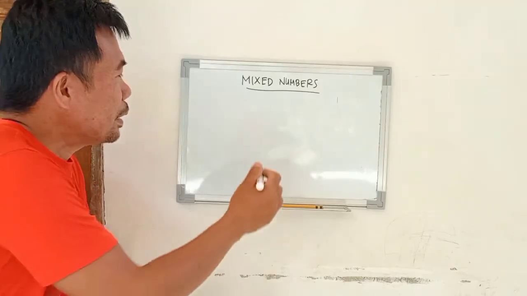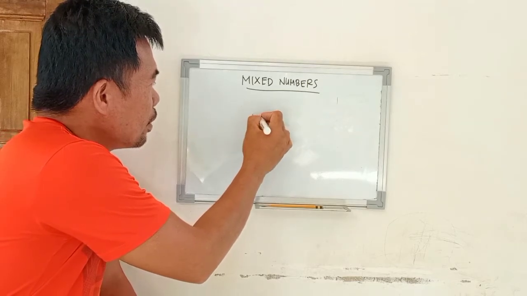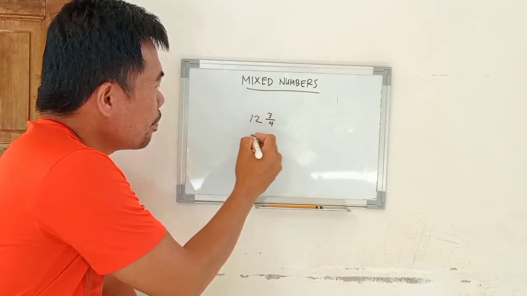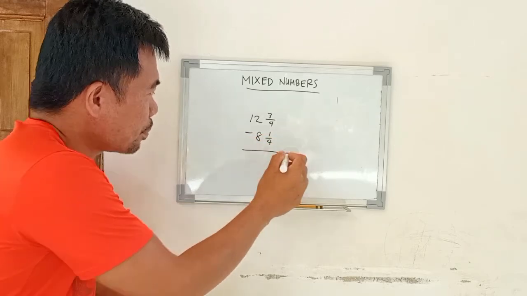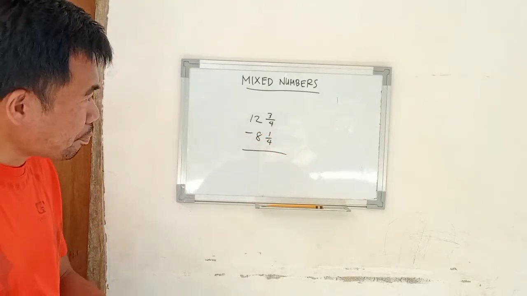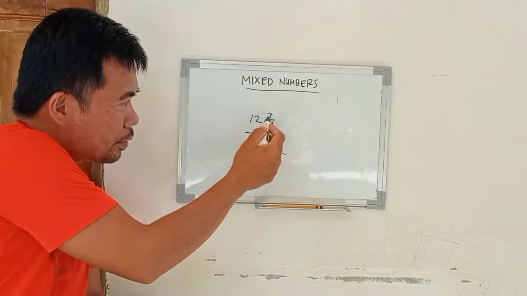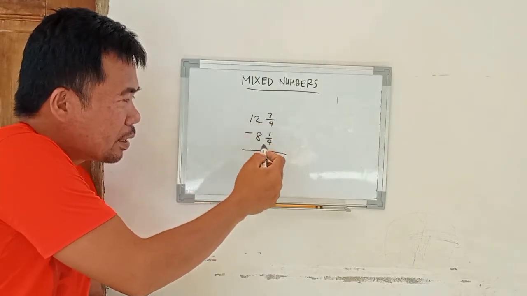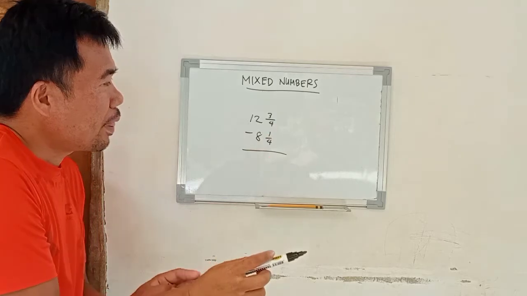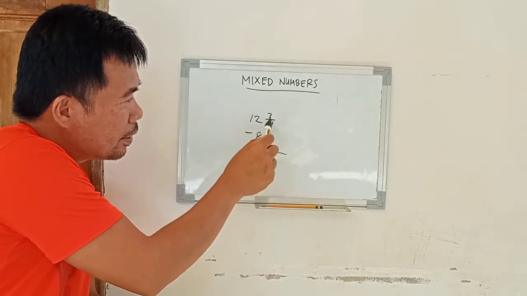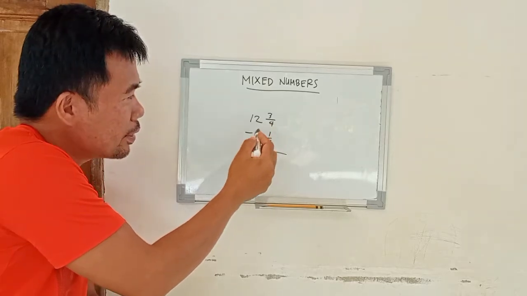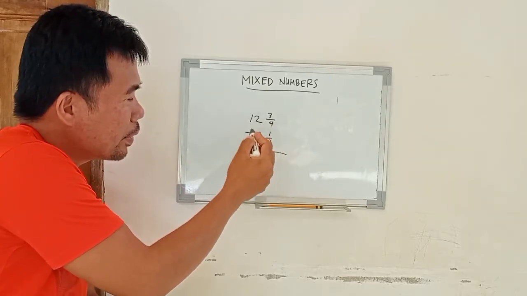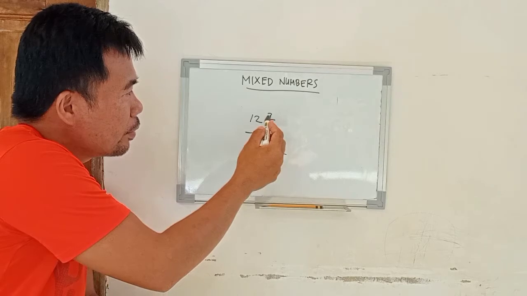For example, we have 12 and 3/4 minus 8 and 1/4. First, we need to subtract the fractions. We know that these fractions are similar, so all we have to do is find the difference between the two numerators, which are 3 and 1.